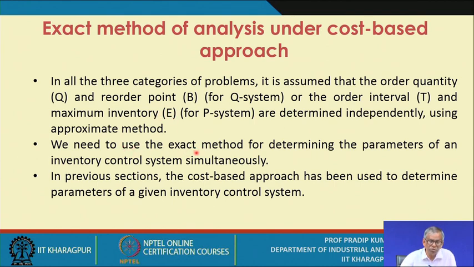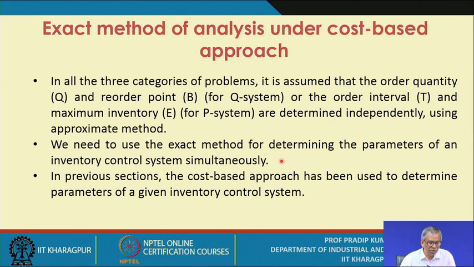Now we need to use the exact method for determining the parameters of an inventory control system simultaneously. That means we will formulate the problem in such a way that we have one cost equation, the relevant cost equation, and this cost equation we form in terms of both the decision variables.